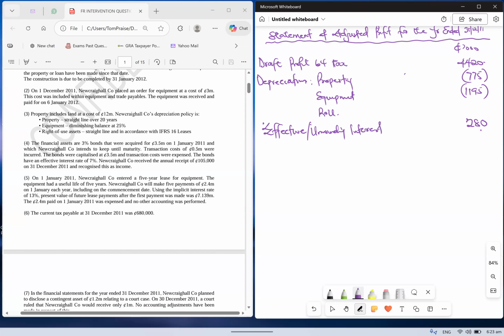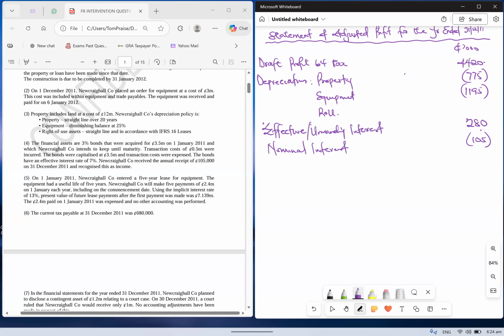So the other interest, the nominal interest, we need to correct it. They added it before, but that shouldn't have been the one. So we need to take it back. It was an income, so we need to take it back. So that is that.